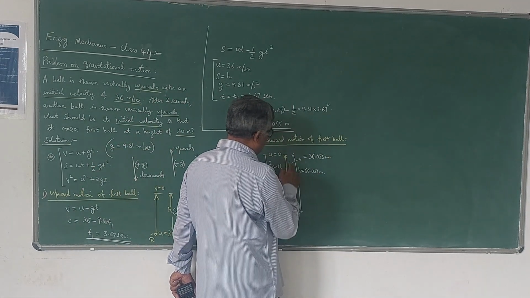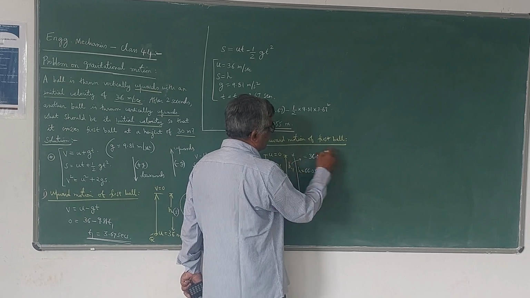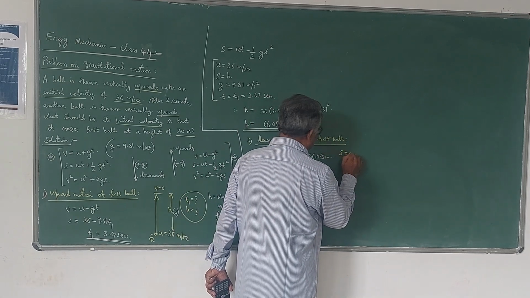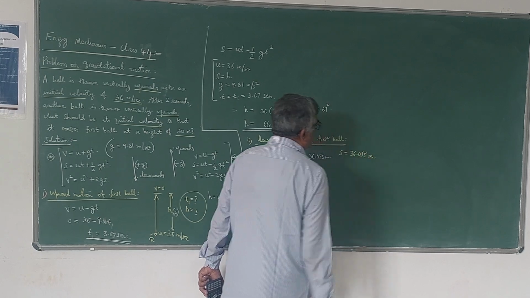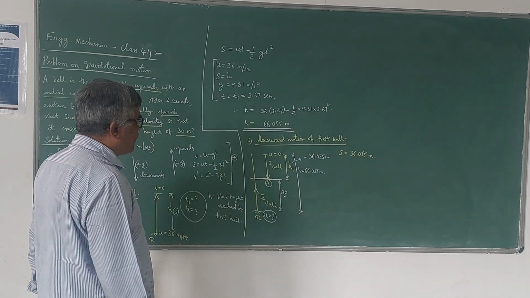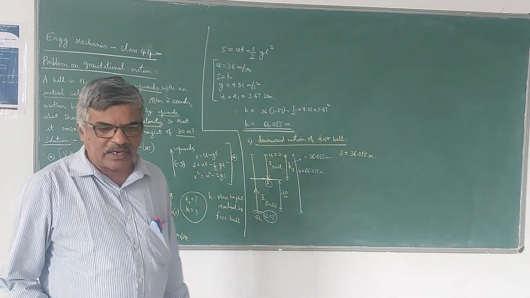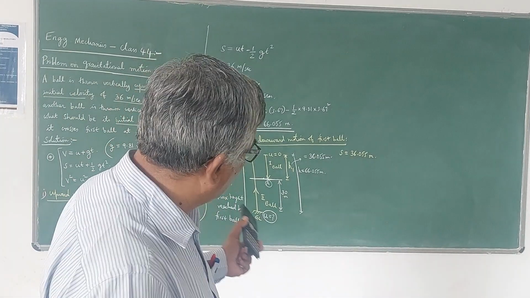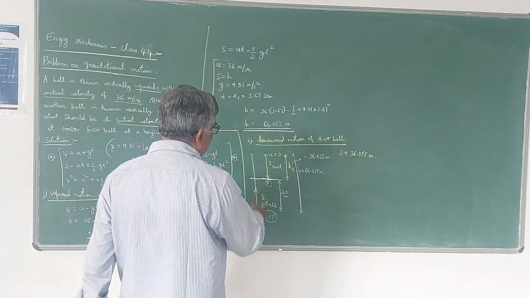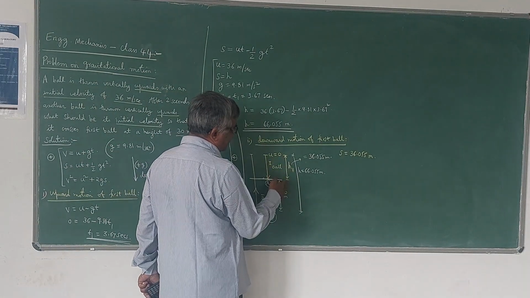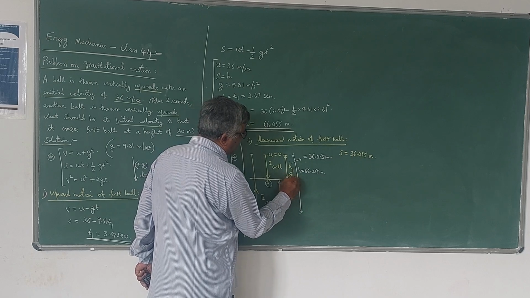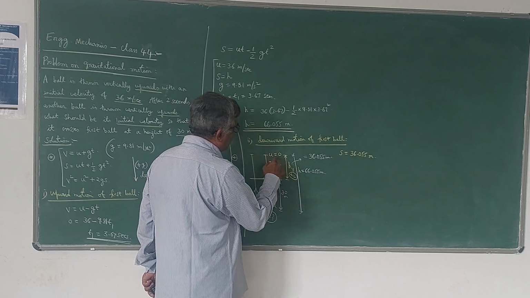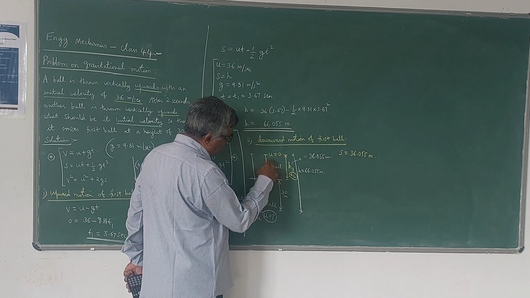The distance traveled in the downward motion of the first ball is S equal to h1, 36.055 meters. The only thing you need to find is the time taken, which I will take as t2. t2 is the time taken for the first ball to reach this point from here to here.